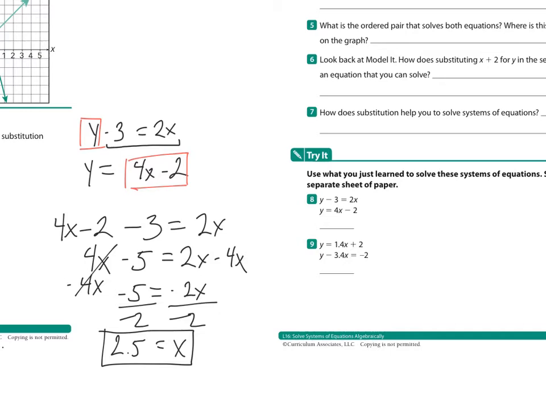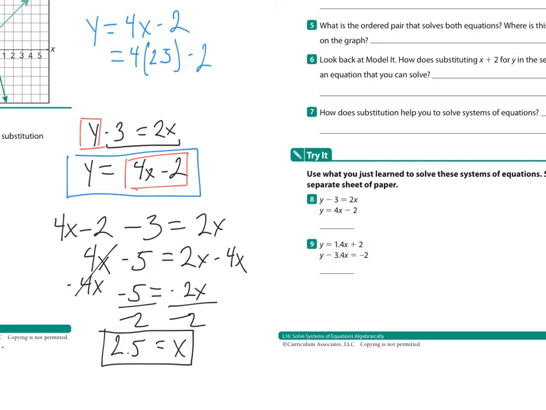So now what I can do, I'm going to go back and I will use this equation here. Y equals 4x minus 2. Everywhere I see an x, I now know that that is the same as 2.5. So 4 times x, or in this case now 4 times 2.5. And then we just need to subtract 2.